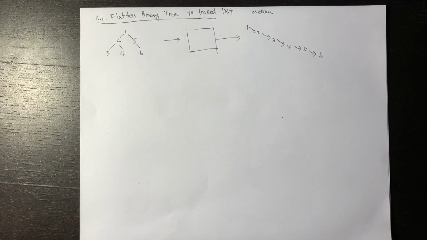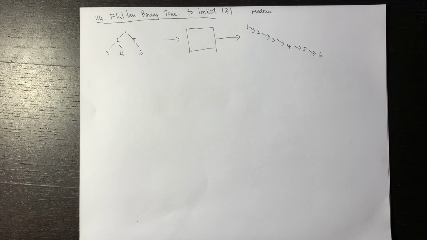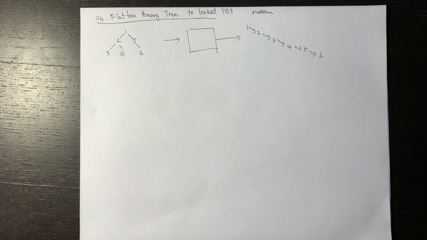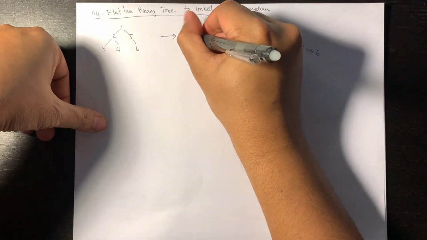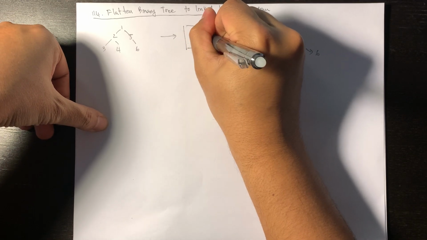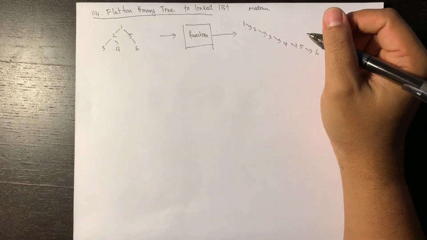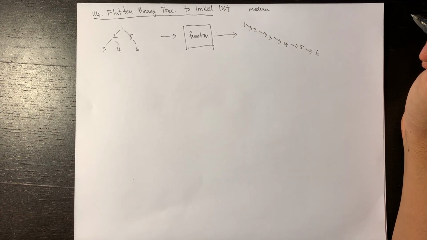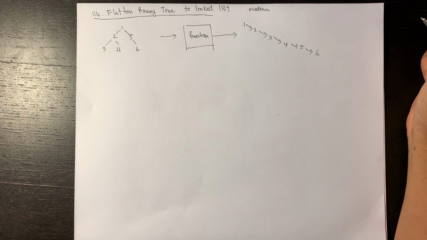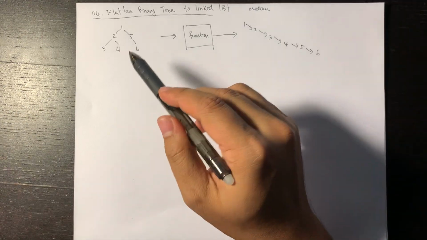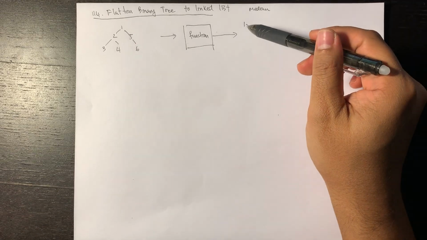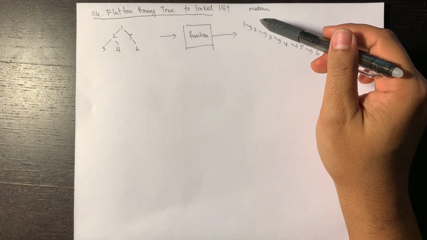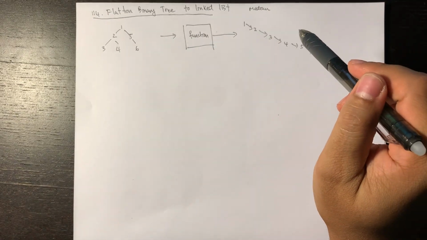What I'm thinking right now is, so this is like a black box function. If you look at this sequence, it seems like it is in order.